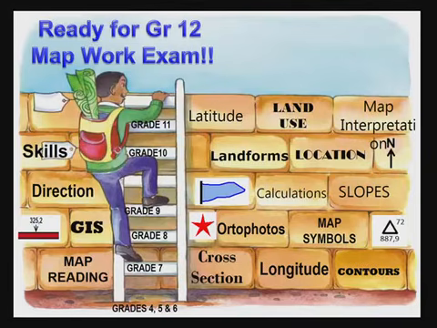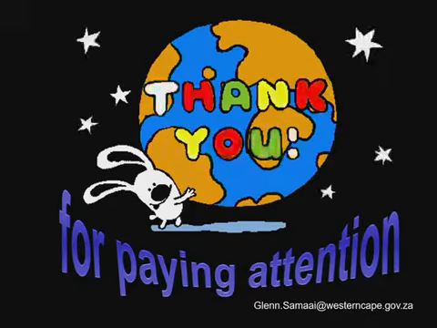Because all these things you've learned over these years: land use, location, slopes, maps, longitude, skills, direction, all these things you have learned since you were in primary school. And expect a question on any one of these building blocks, as we showed you for Mapwork, in your Grade 12 examination at the end of the year, or in the next few months.